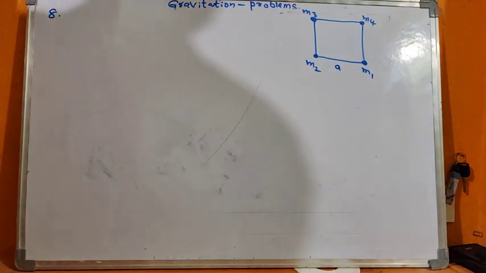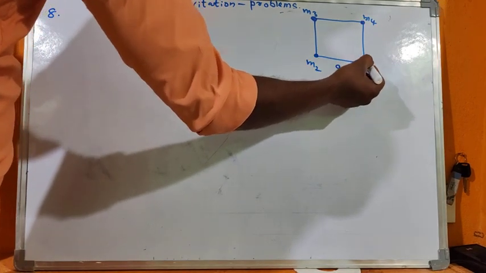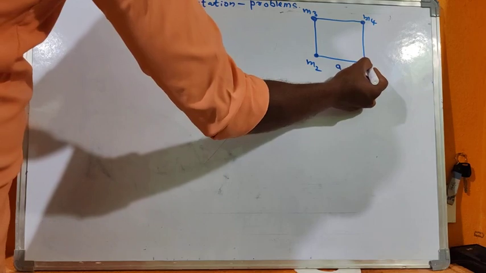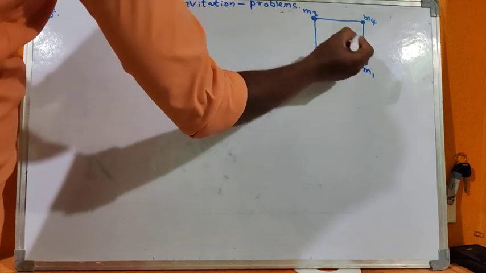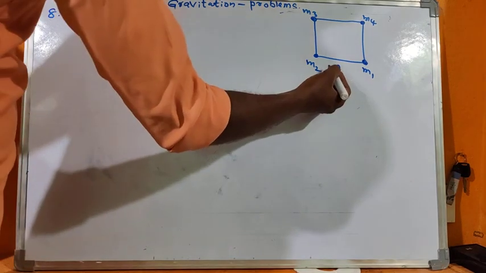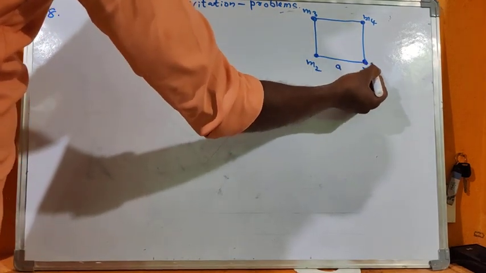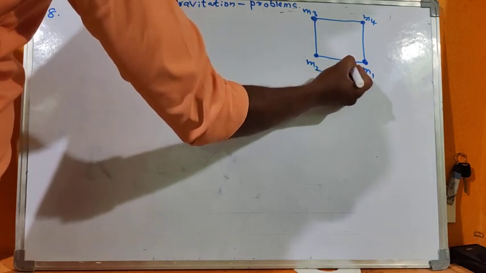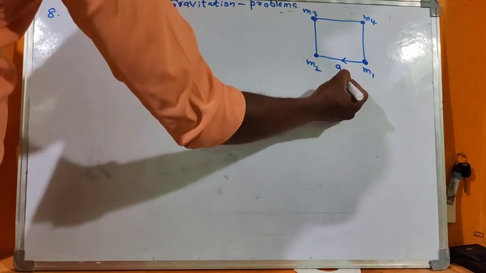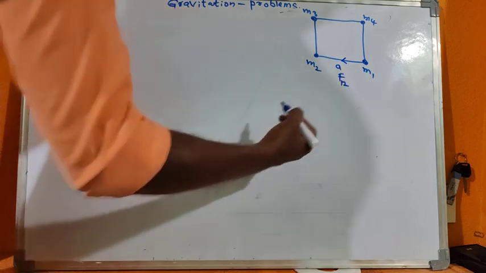Okay, so suppose m2 is applying a force on m1, m4 is also applying a force on m1, and m3 is also applying a force on m1. How can we write it? Like this: m2 applying a force on m1 attracts it in this direction, and this is the force on 1 by 2, so F12.